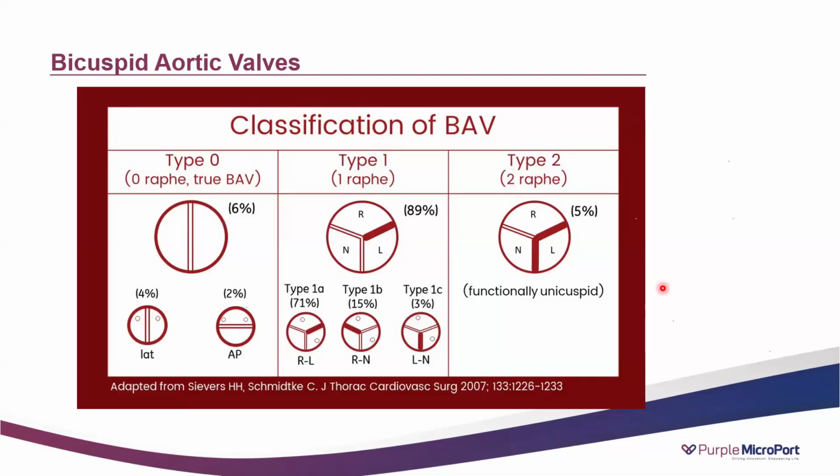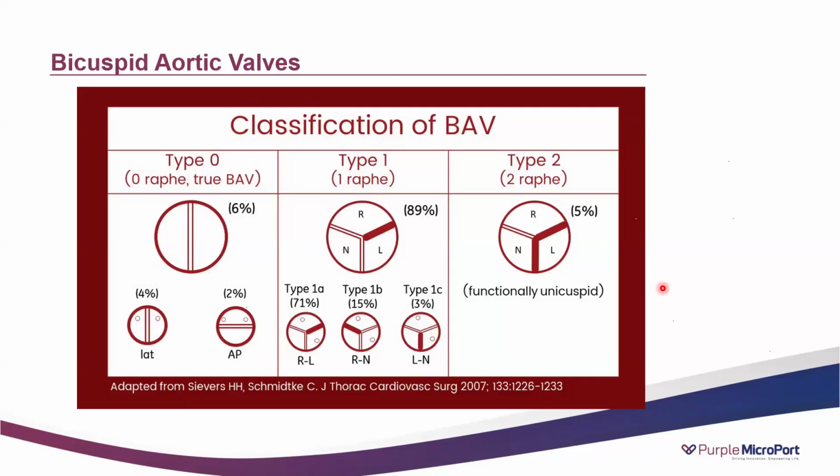Rajan, Pradeep here. In the beginning of the discussion, we mentioned 40% of cases are bicuspid. But when you look here, it is only 6%. So this is a global classification. They would have given it some time back.